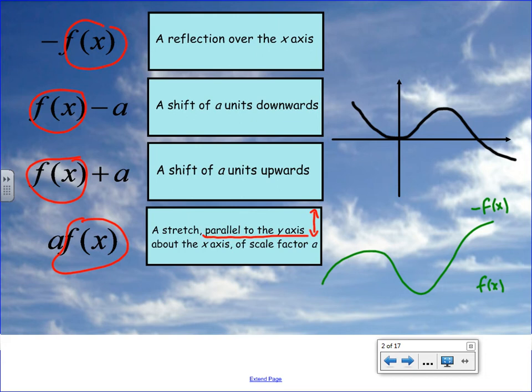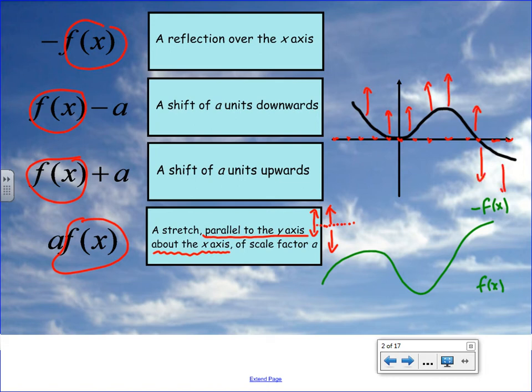So we're stretching that way, and about the x-axis means that the x-axis is kind of pinned down. So anything along here gets pinned down, almost like you're putting drawing pins in. And then you're pulling, like elastic, the graph away along, parallel to the y-axis, and all of these are stuck down, they're all pinned down. So this gets stretched this way, this gets stretched, this gets stretched, they all get stretched away.